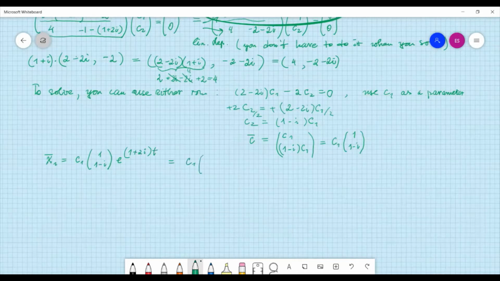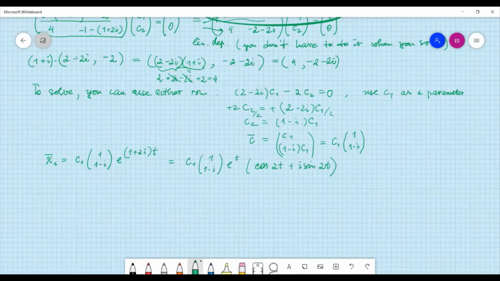So far, I'm not dealing with my vector yet. Euler's formula is going to give me what? Sorry, it's supposed to be exponential first. e to the power of t, right? If I multiply 1 by t, it's e to the power of t. And then cosine of 2t, this 2 comes from this 2, and i sine of 2t. So that's my first solution.